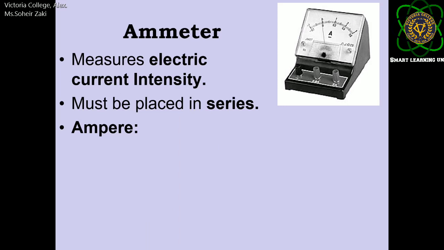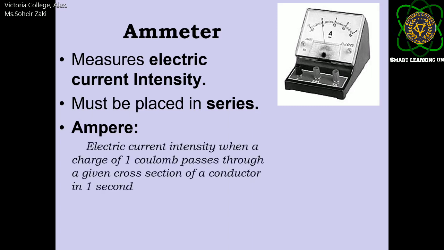We use the ammeter to measure the electric current intensity, and the ammeter must be placed in series. The unit used to measure the current intensity, as we said before, is called ampere. And what is meant by ampere, or define ampere?